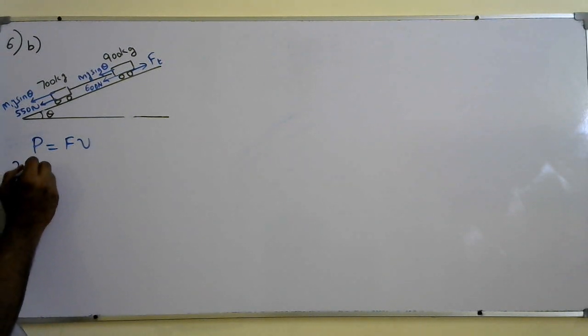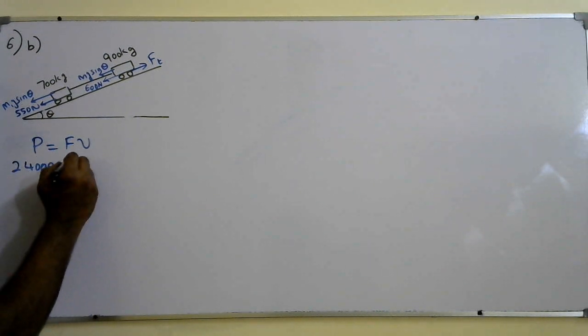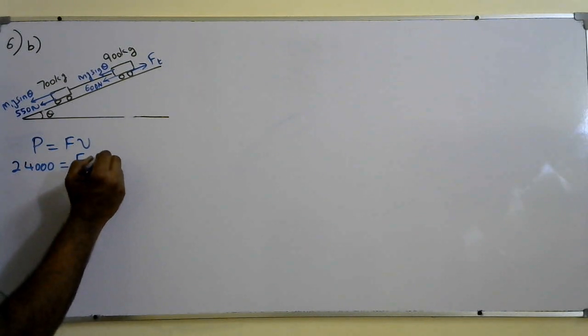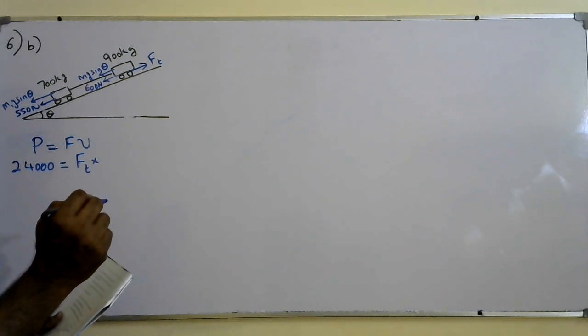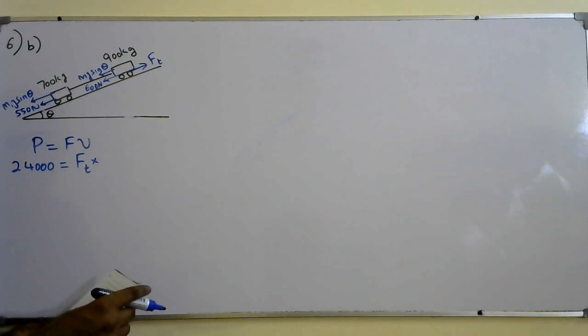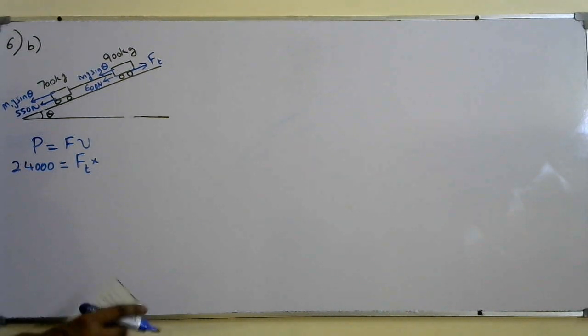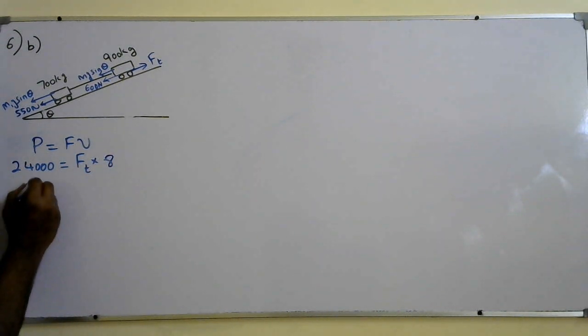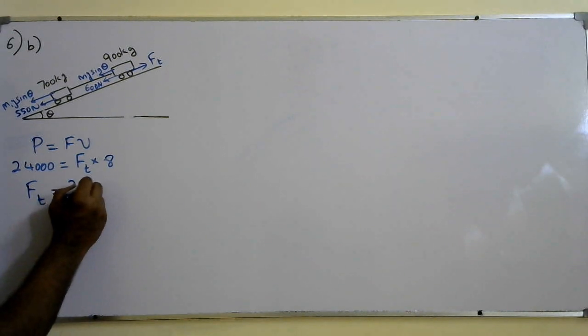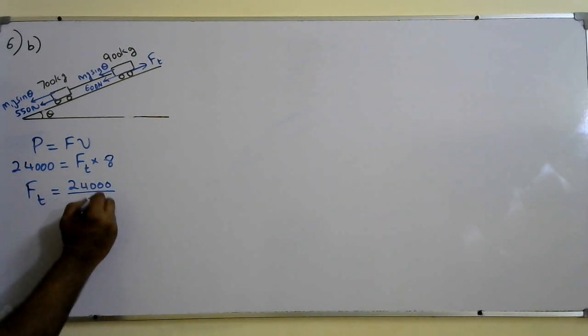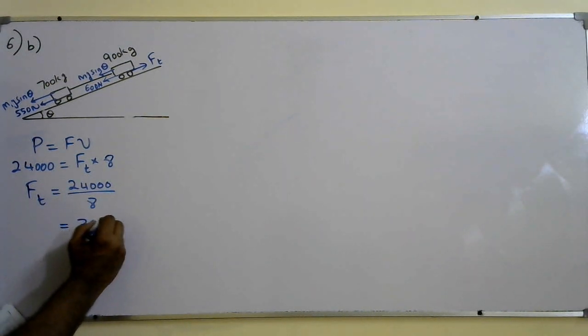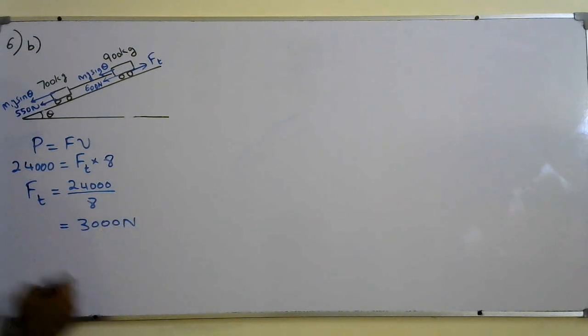So 24,000 is equal to forward thrust into speed, speed given as 8 meter per second. So Ft we can find: 24,000 over 8, that is 3,000 Newton. That's the forward thrust on the van.